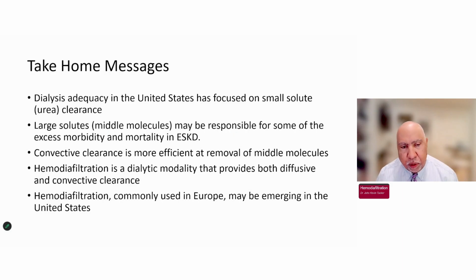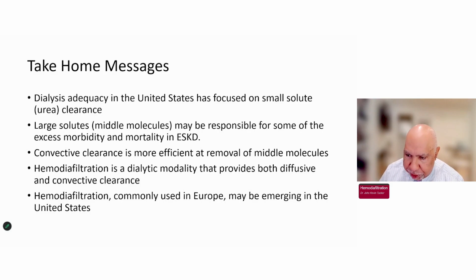So the messages that I want you to take home from this talk on hemodiafiltration are as follows. Dialysis adequacy in the United States has focused historically on small solute or urea clearance. The larger solutes, the middle molecules, may be responsible for some of the excess morbidity and mortality in end-stage kidney disease.